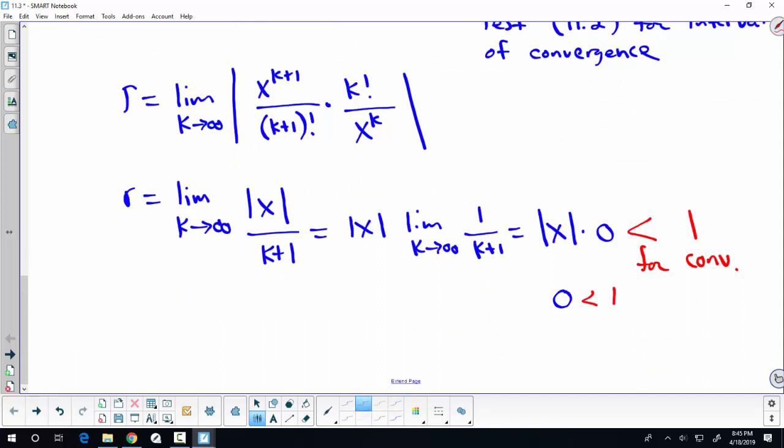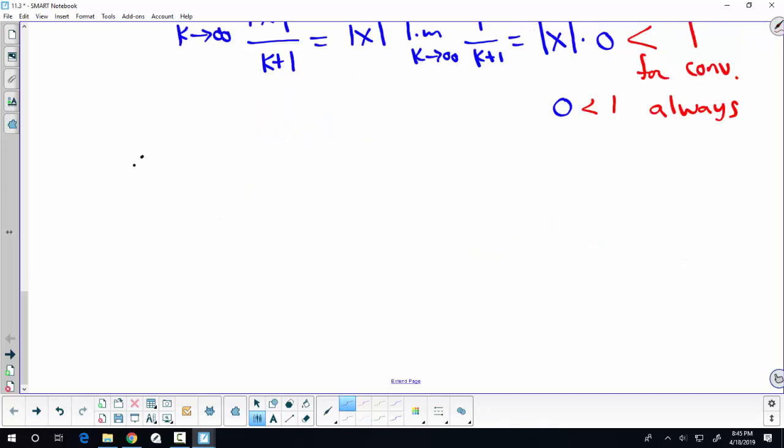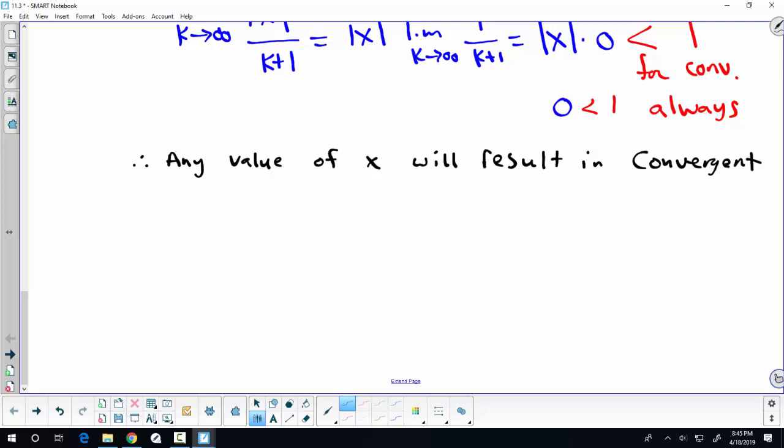So any value of x will result in a convergent series. So we can write this down next time. I know we're out of time.